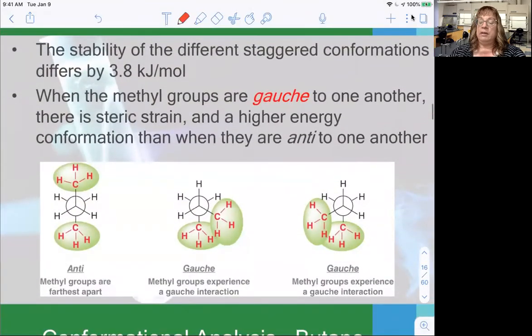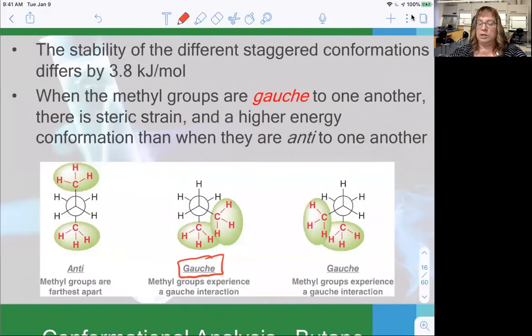Now the stability of those different staggered conformations differs by about 3.8 kilojoules per mole. When those methyl groups are gauche, there is steric strain. They're running into each other. Steric strain is like a spatial strain, right? They're in the same space.